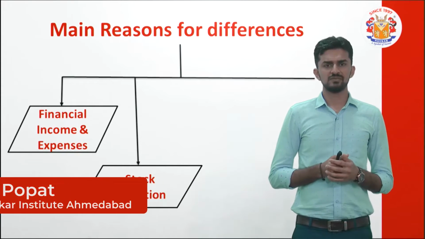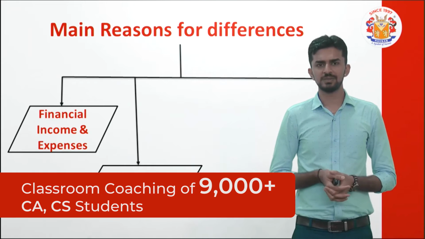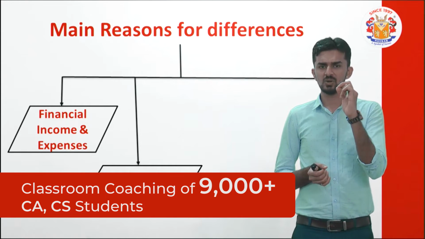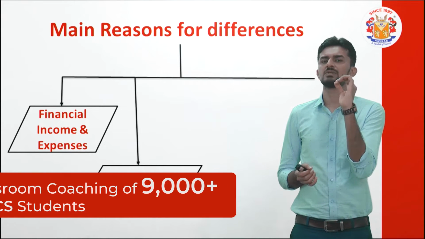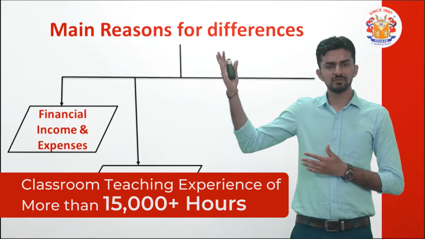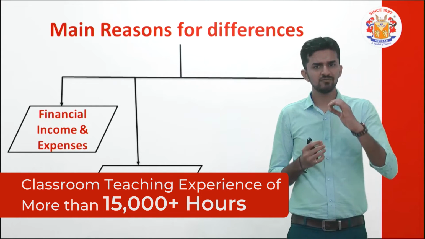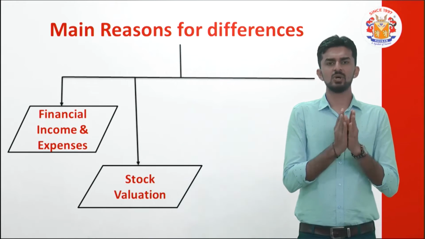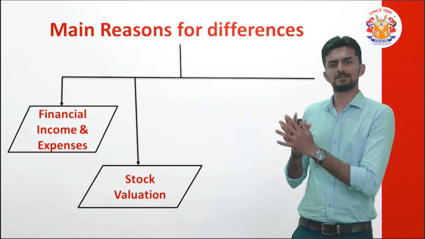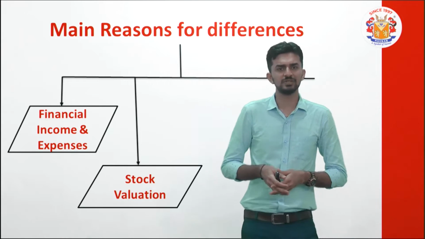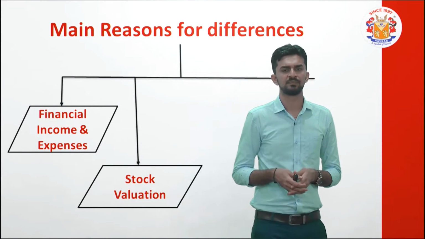In cost sheet, we learned in stock valuation topic that in cost accounting, your stocks are always recorded at cost. But right from 11th standard, in financial accounting, we record stock at cost or NRV, whichever is less. So there is a principal difference in valuing stock between these two accounting systems.